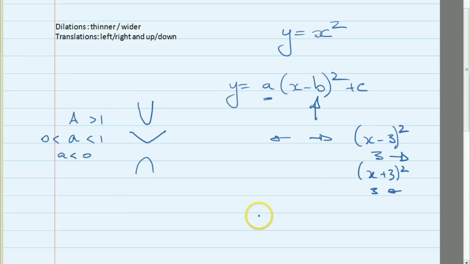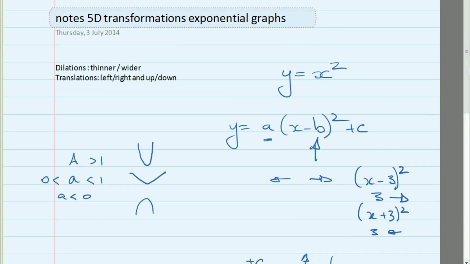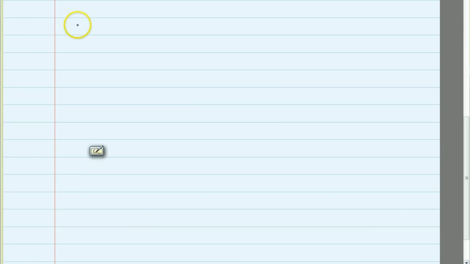And you might recall that the plus c on the end moved the graph up and down, up if it was positive and down if it was negative. These same transformations, so dilations and translations, also occur with exponential graphs, and that's what we'll be looking at in this video. So the first thing we want to look at for exponential graphs is reflections.